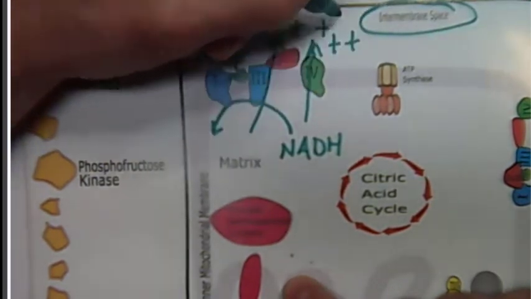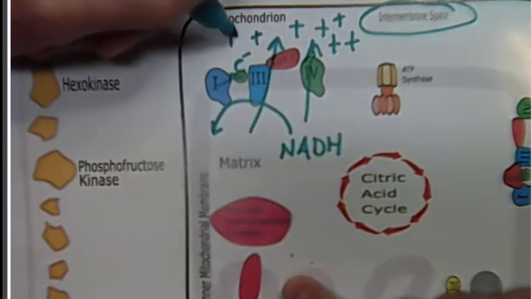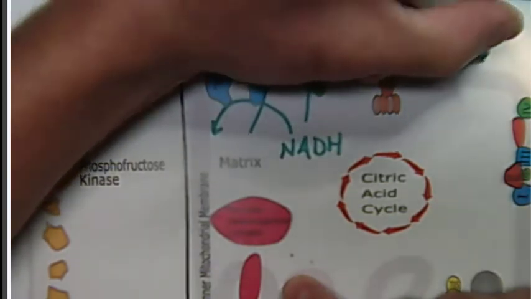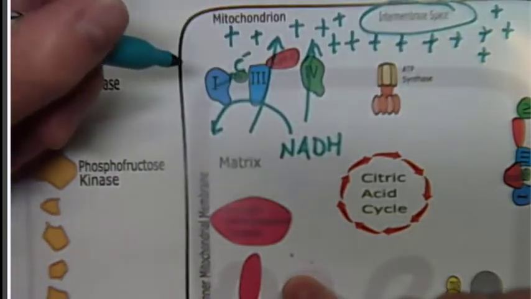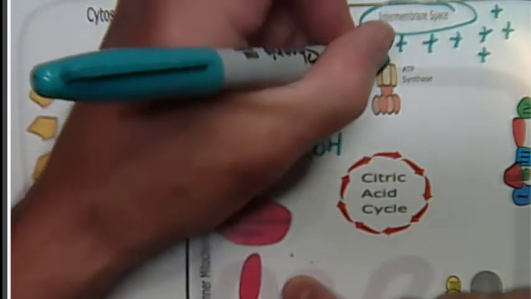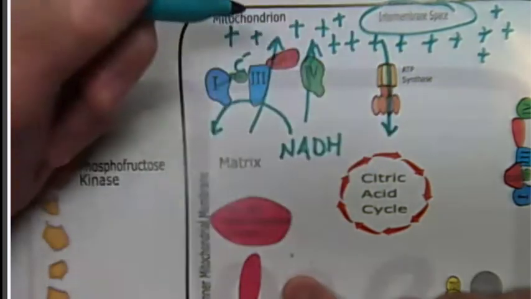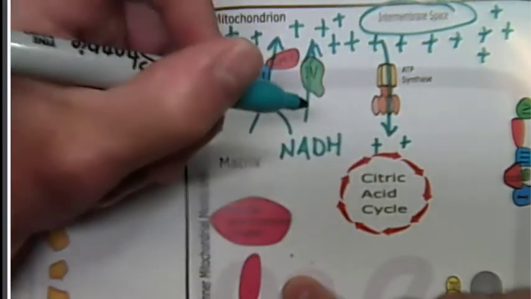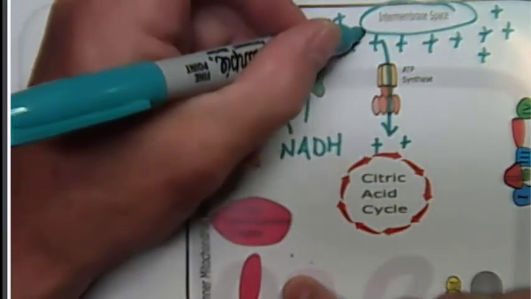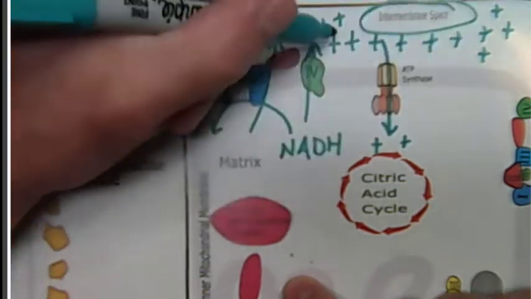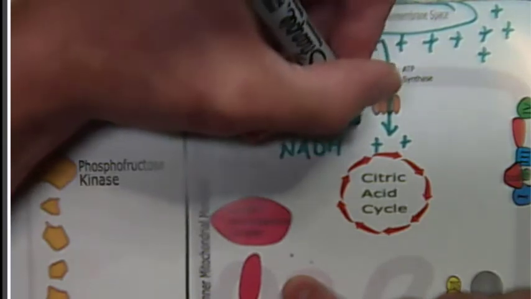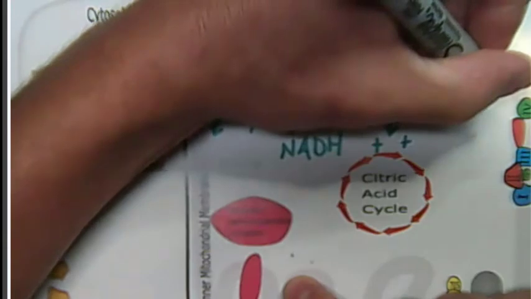So we start pumping all these hydrogen ions into this intermembrane space. And as we pump hydrogen ions into this intermembrane space, they flow down their concentration gradient through ATP synthase, and in that process, that free energy transfer of the high concentration of protons or hydrogen ions here is used to phosphorylate ADP to make ATP.